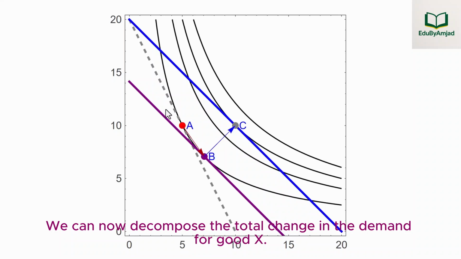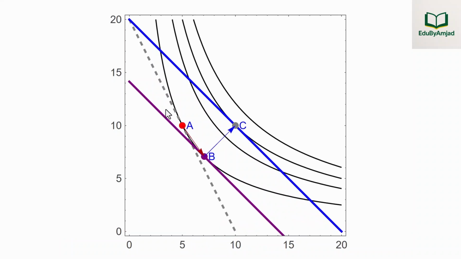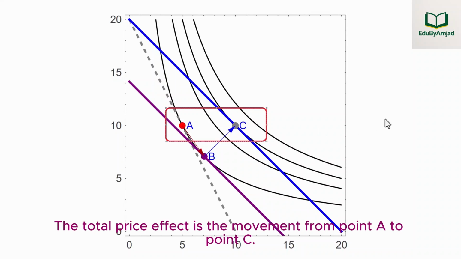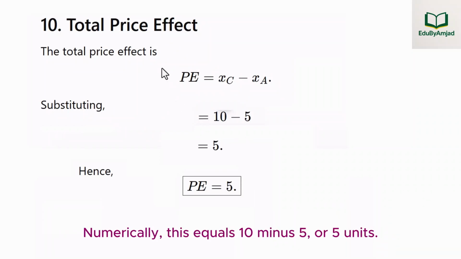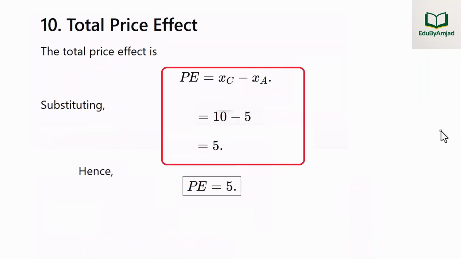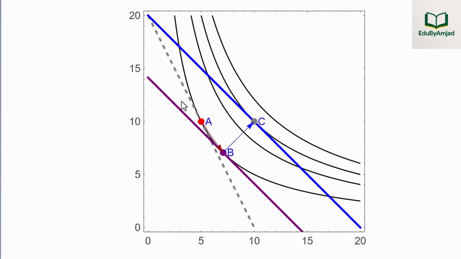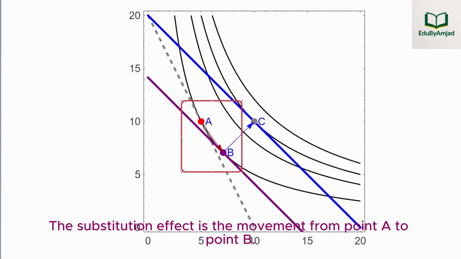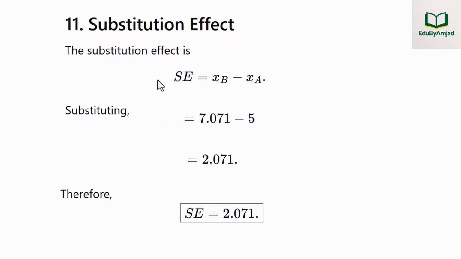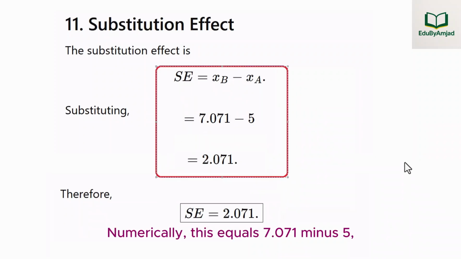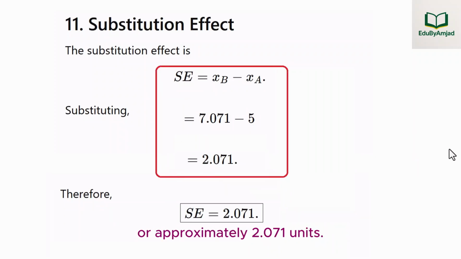We can now decompose the total change in the demand for good X. The total price effect is the movement from point A to point C. Numerically, this equals 10 minus 5, or 5 units. The substitution effect is the movement from point A to point B. Numerically, this equals 7.071 minus 5, or approximately 2.071 units.